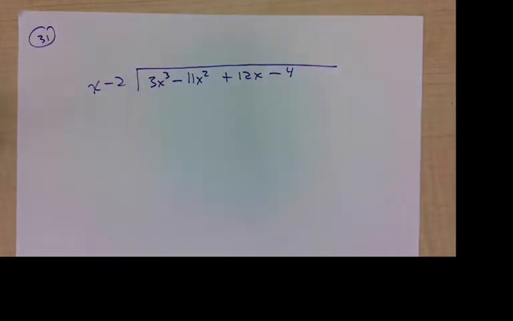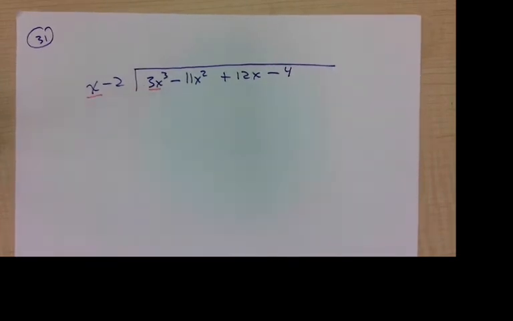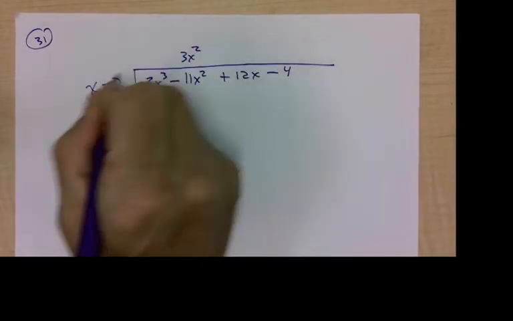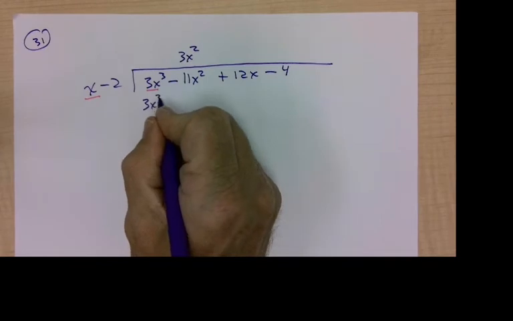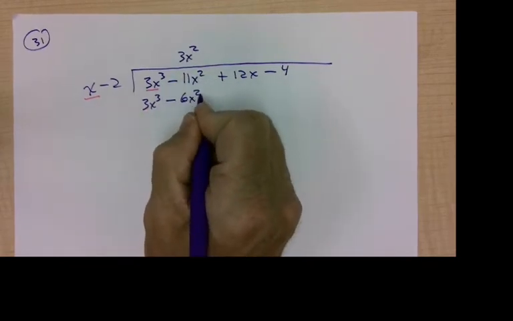So we have to do our division. 3x cubed divided by x. 3x cubed divided by x is 3x squared. 3x squared times x is 3x cubed. 3x squared times negative 2 is negative 6x squared.